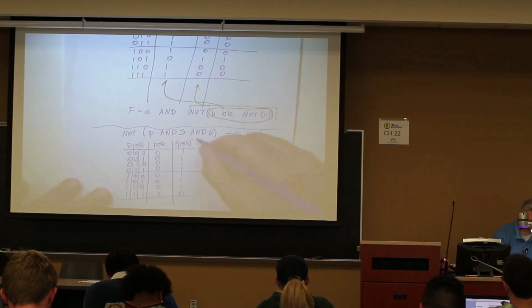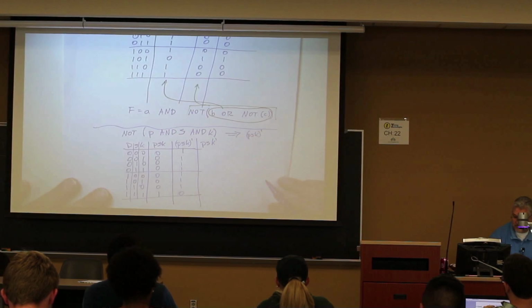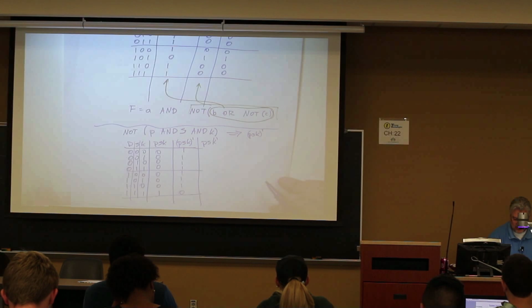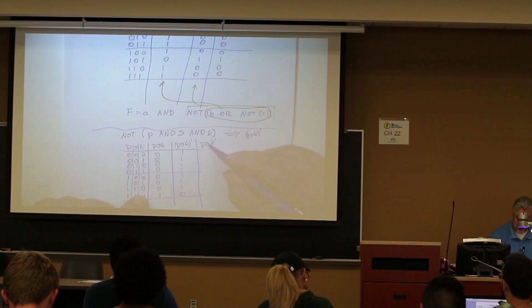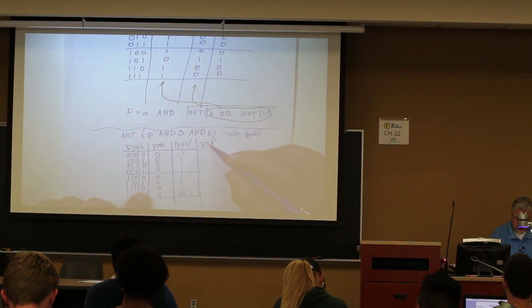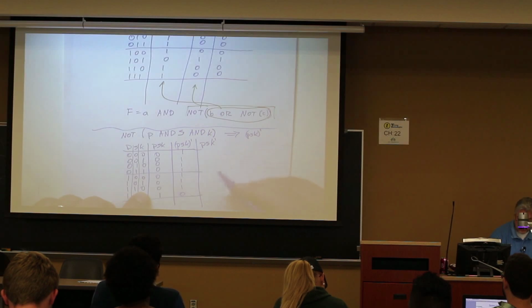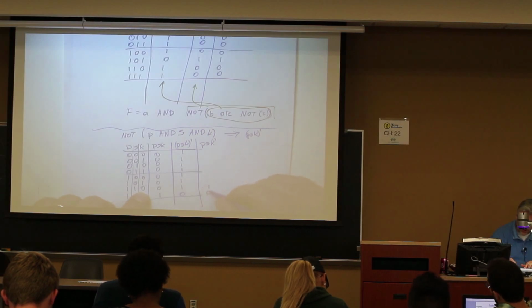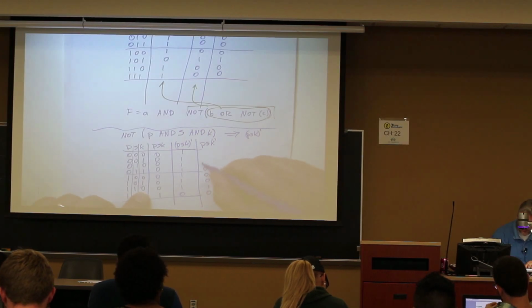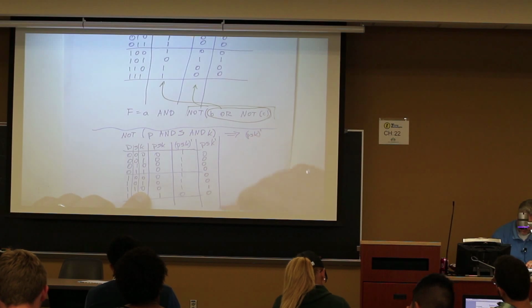And if you made the mistake and you said PS not K, that would be looking at the situation where P and S is 1 and K is 0. So in that case, this is 1 and everything else is 0.